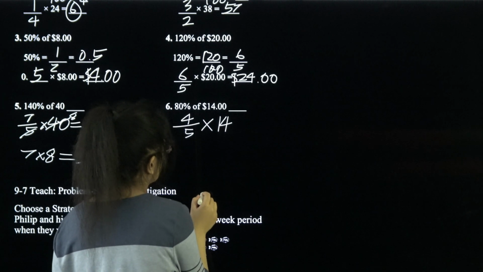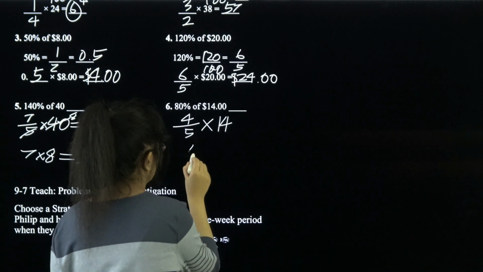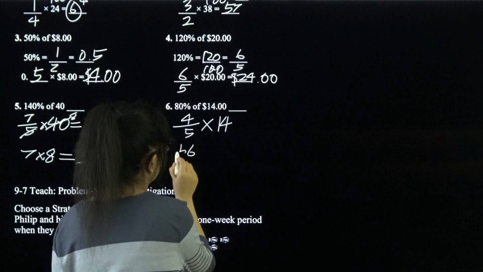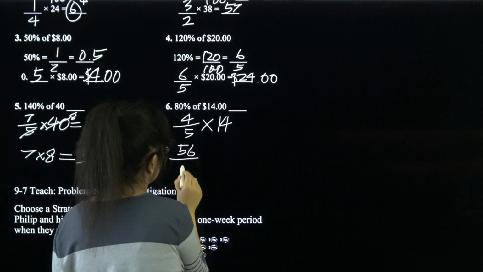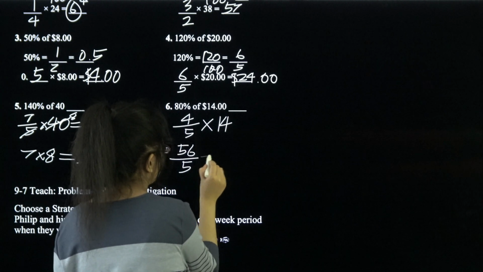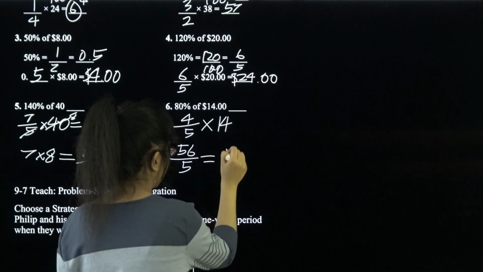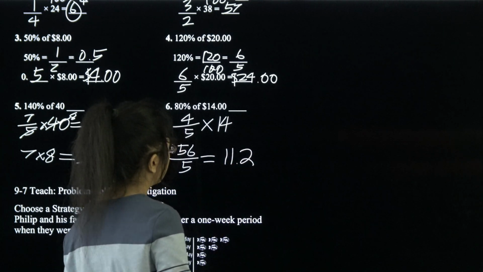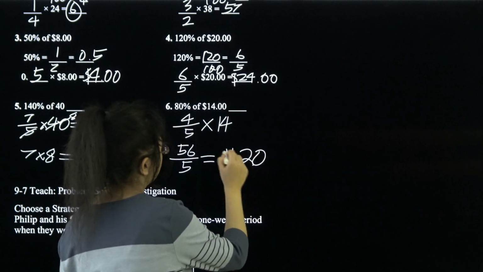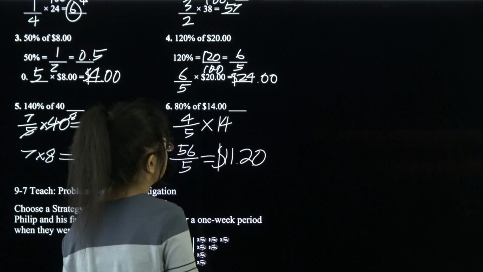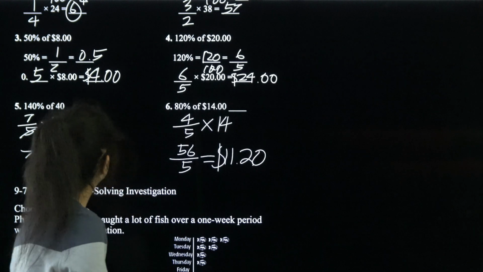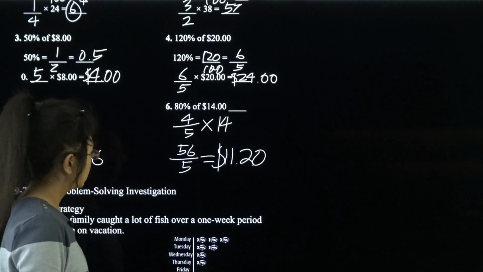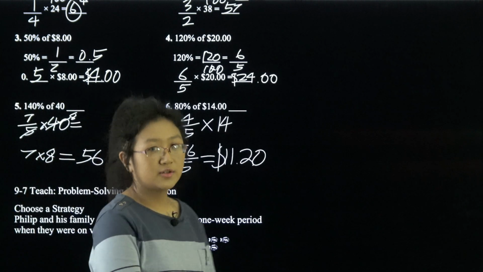That's 56 over 5, which equals 11.20 dollars. That's it for this section.